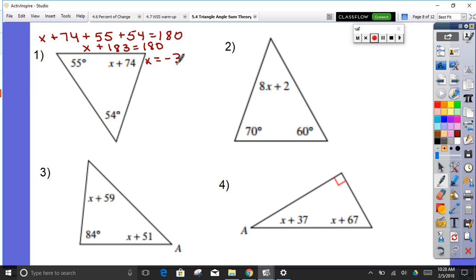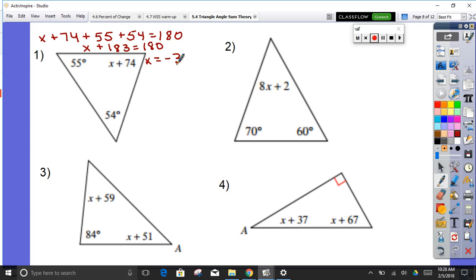And it's okay to get a negative answer for x if x is not an angle. If the whole angle were x, a negative answer would be a problem. But -3 is okay for x because what would the whole angle be if x is -3? 71. The whole angle would be 71.